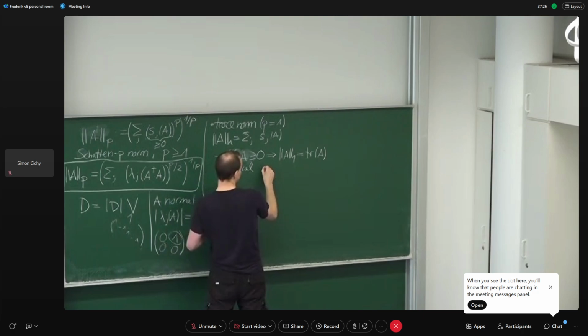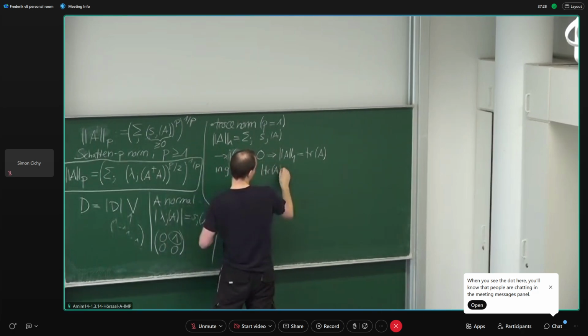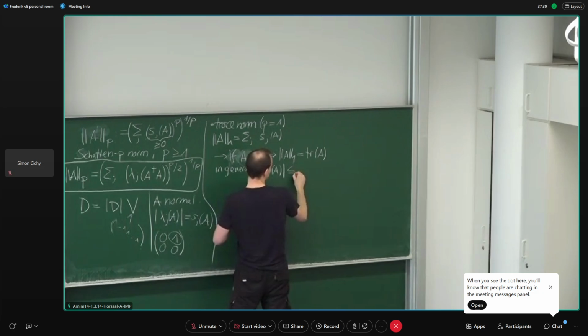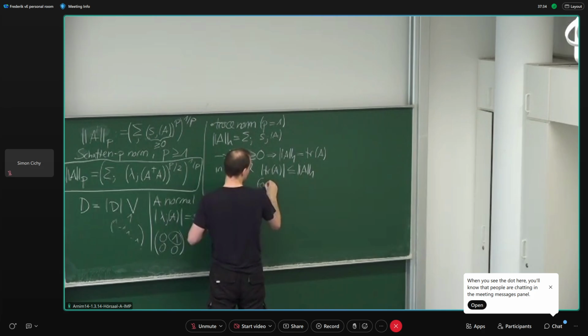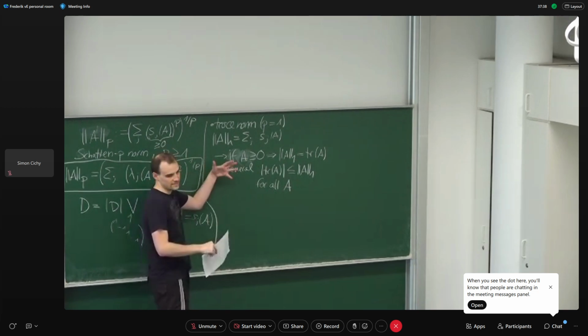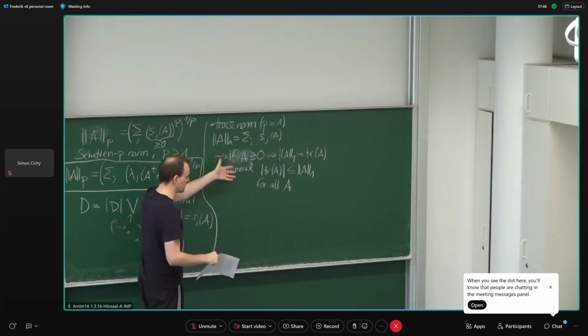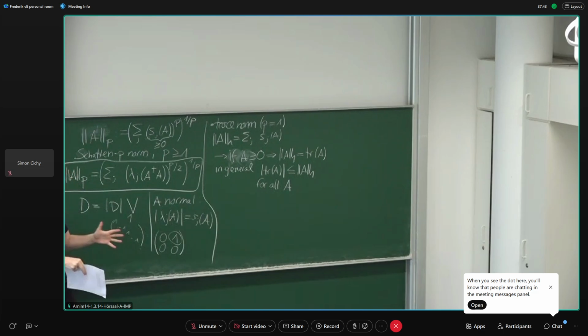In general, there's at least an inequality between these two: the trace is always upper bounded by the trace norm for all A. That's just the justification why the case p equals 1 is called the trace norm, because there's a relation between this value of p and the trace.